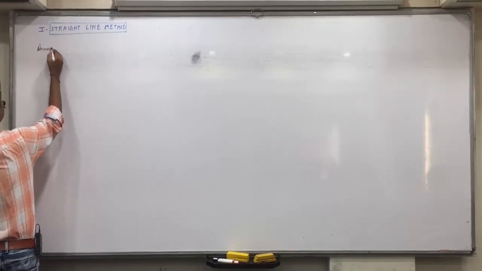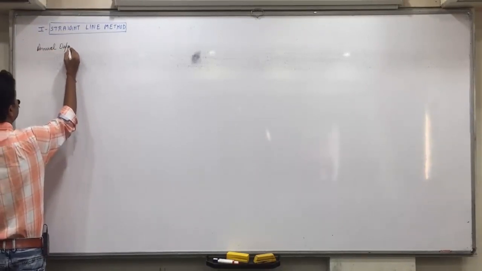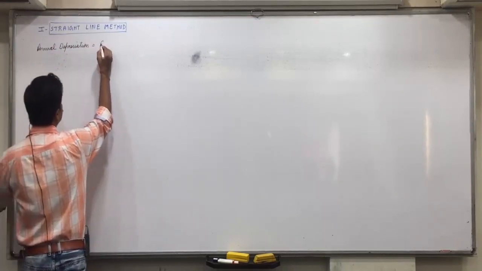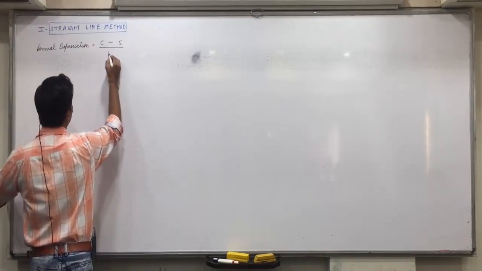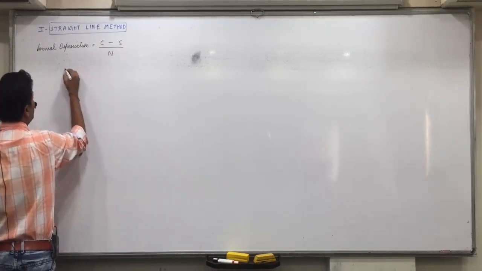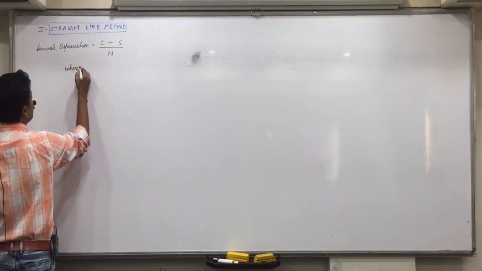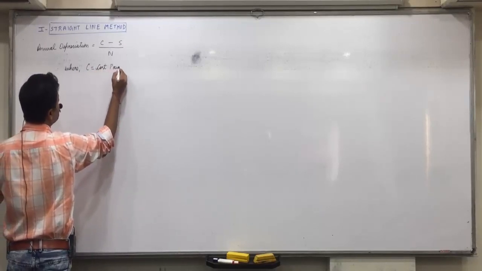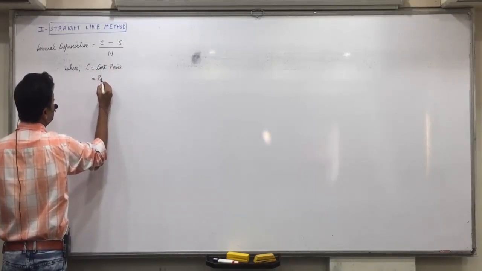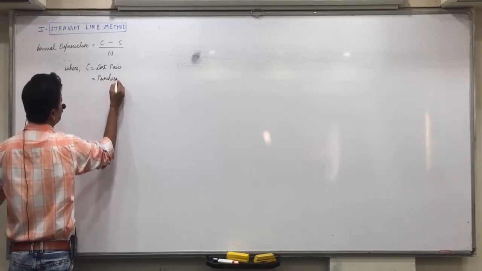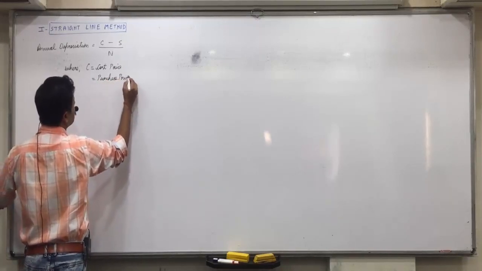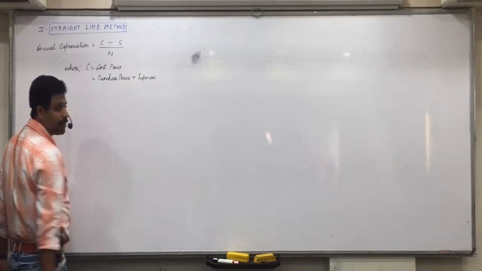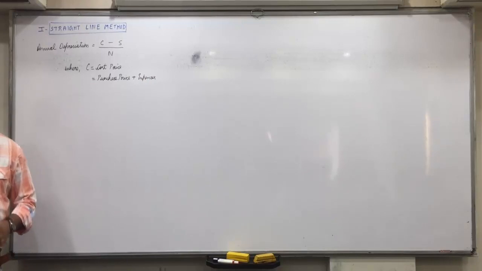Annual depreciation is equal to C minus S upon N, where C is the cost price, which will be equal to purchase price plus expenses.